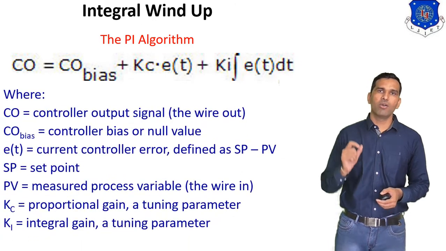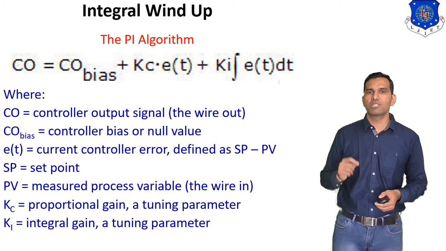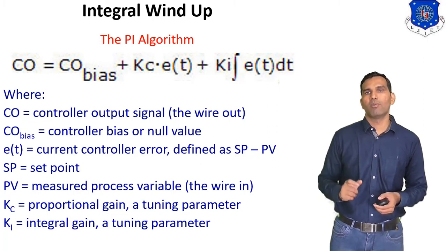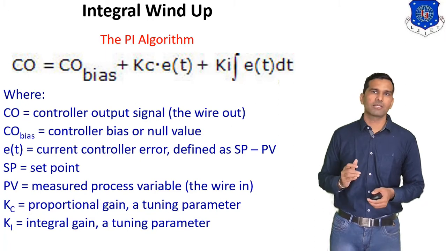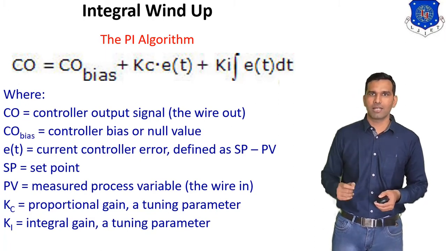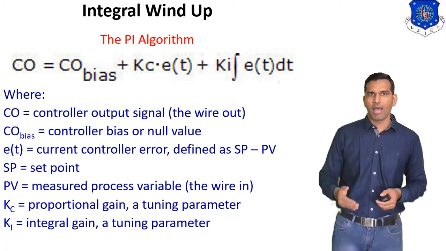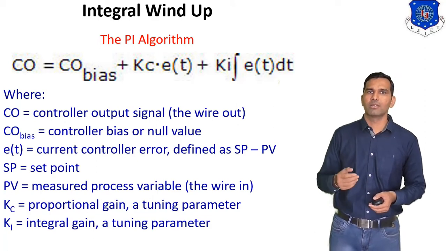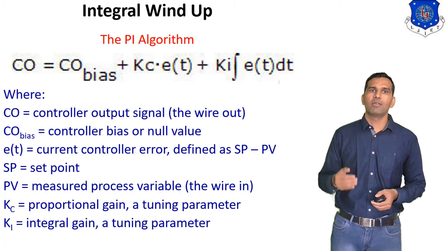Here CO indicates the controller output signal, and CO bias indicates the controller bias or null value. What is bias? Why do we require a bias signal? We will discuss it after completion of this topic, integral windup. Then we discuss the bias.